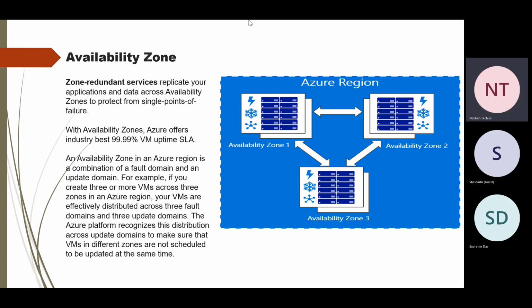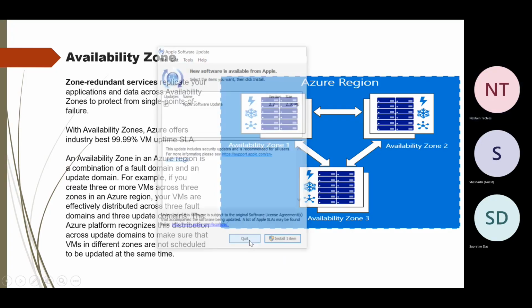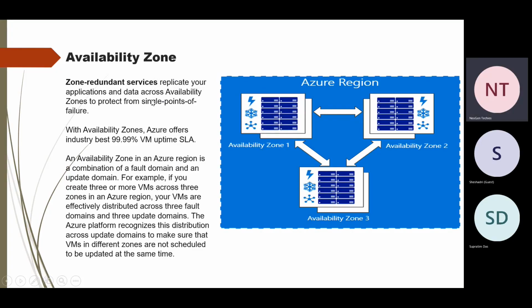So availability zone, and zone redundant services. Zone redundant services replicate your application and data across availability zones to protect from a single point of failure.